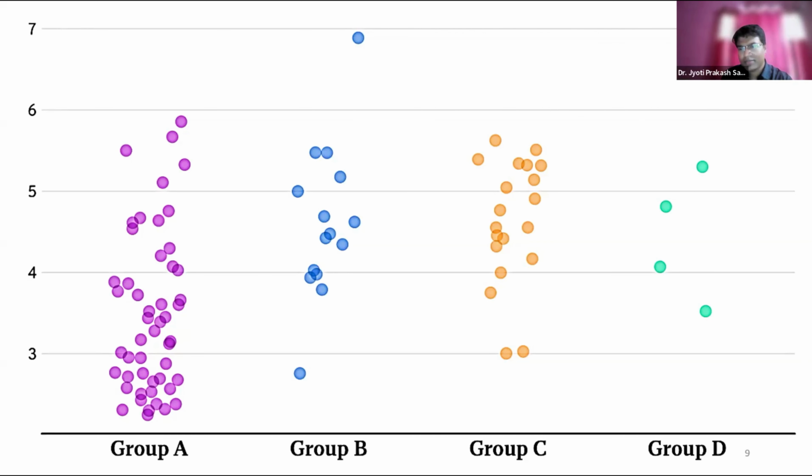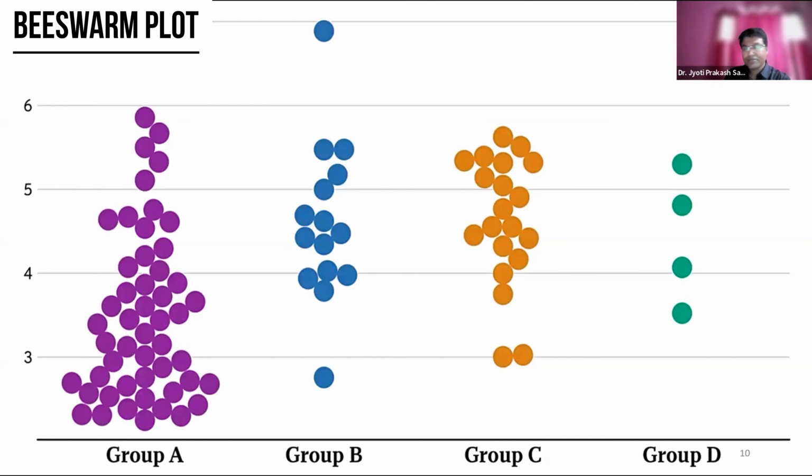That was very clumsy. This is the bee swarm plot. Similarly, draw an imaginary line and focus on this group D participant. It will be easier. This group D participant is definitely 4, this is 5, this is again 5, this is 4 above the midline.